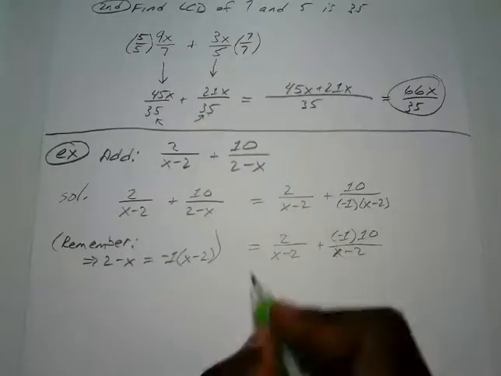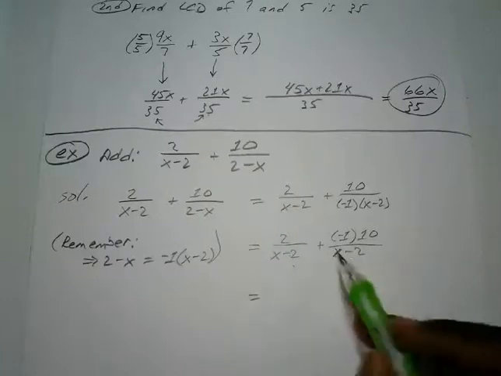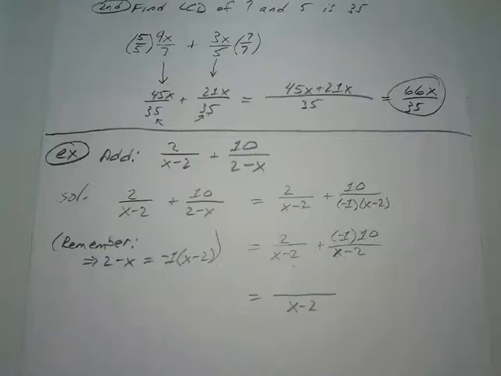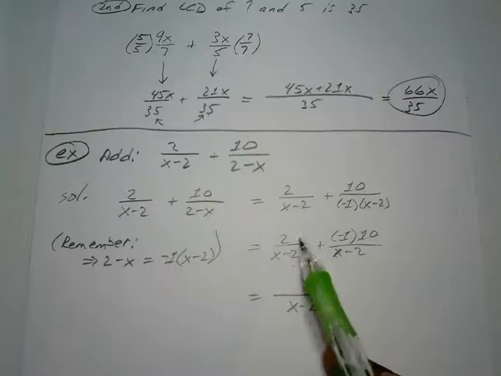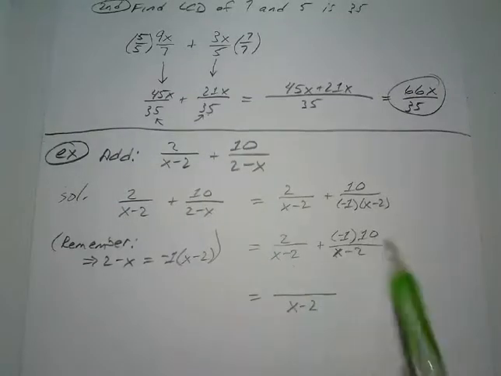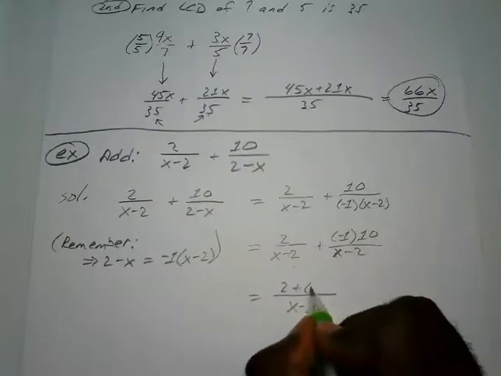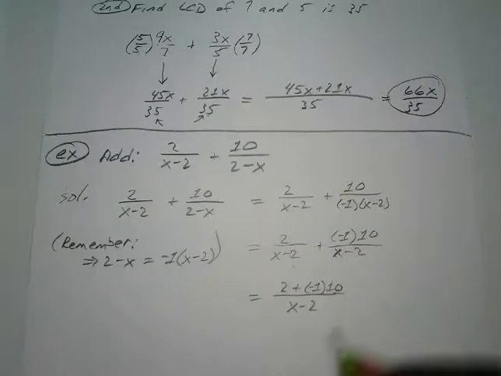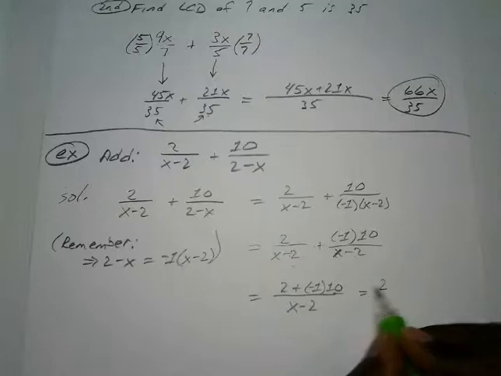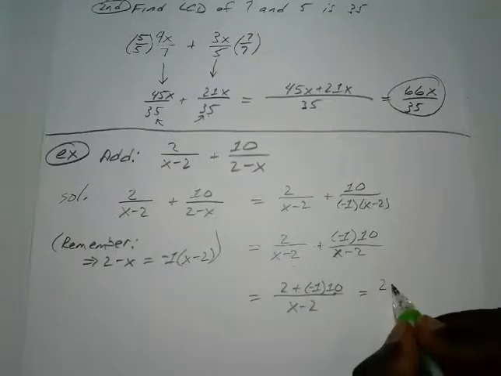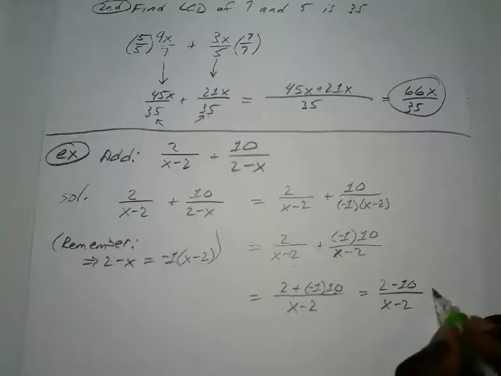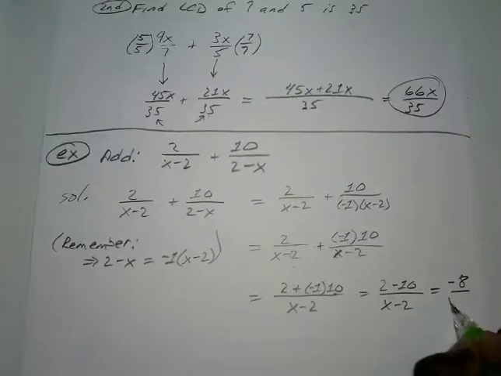So something over x minus 2 plus something over x minus 2 will give us something over x minus 2. So that would just give us 2 plus negative 1 times 10, which gives us 2 minus 10 over x minus 2, or just negative 8 over x minus 2.